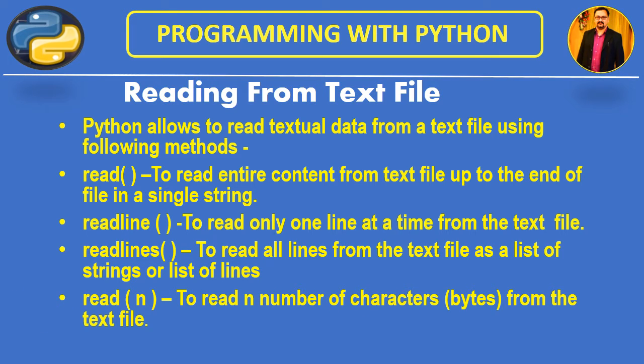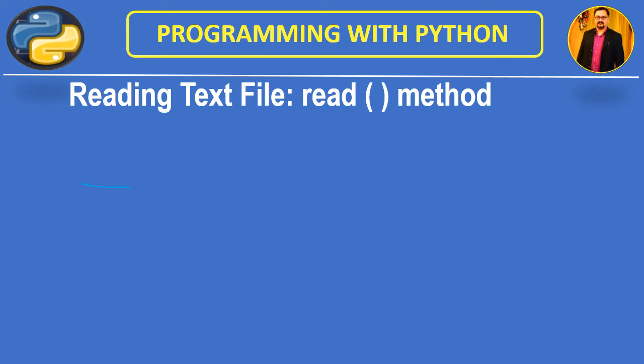And the another method is reading one byte or one character at a time. This is the read method, and you have to pass the parameter n, the number of characters, and this function will read one character or two characters at a time, whatever you want. So we can understand this one by one.